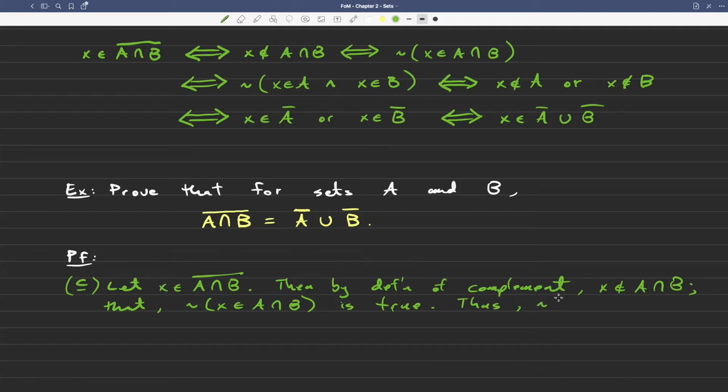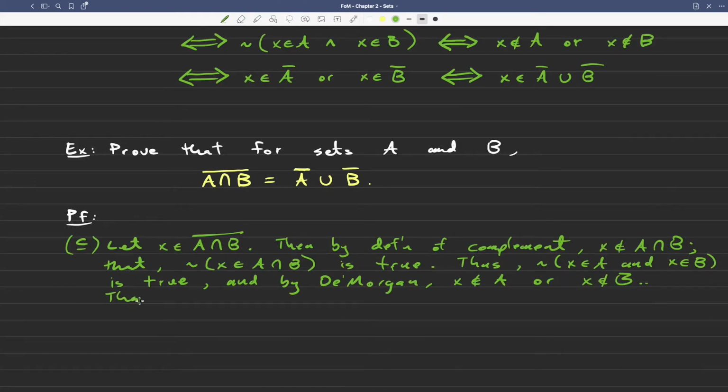Thus, not (X is an element of A and X is an element of B) is true. And by De Morgan, X is not in A or X is not in B. That is, X is an element of A bar or X is an element of B bar. So by definition of union, X is an element of A bar union B bar.